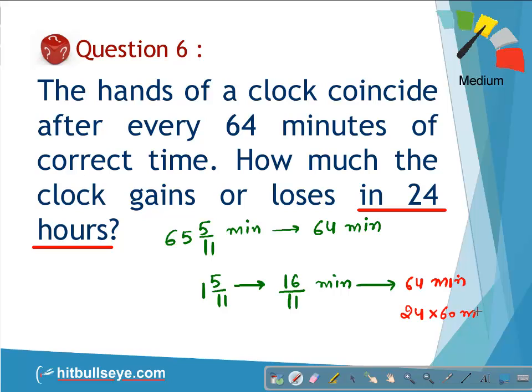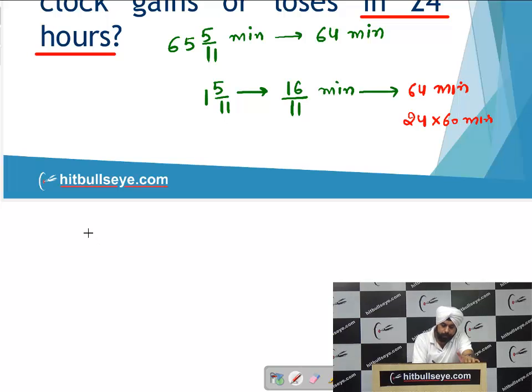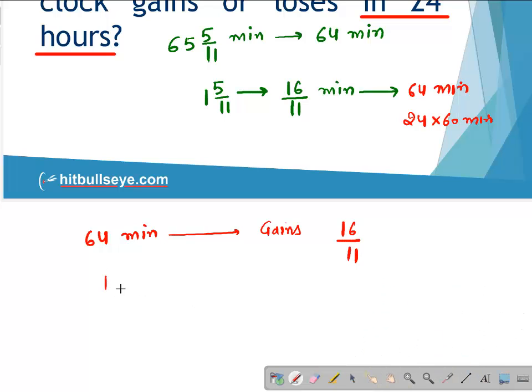So let's apply chain rule and get the answer, students. In 64 minutes, the clock gains 16/11. In 1, it will gain 16/11 into 1/64, and now in 24/60.